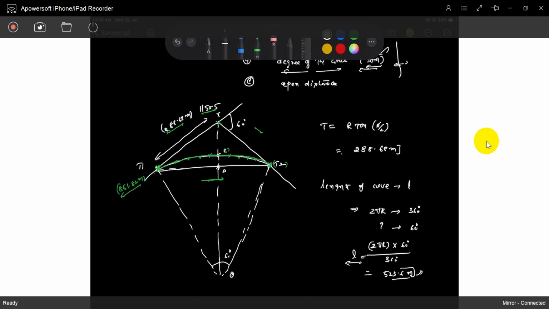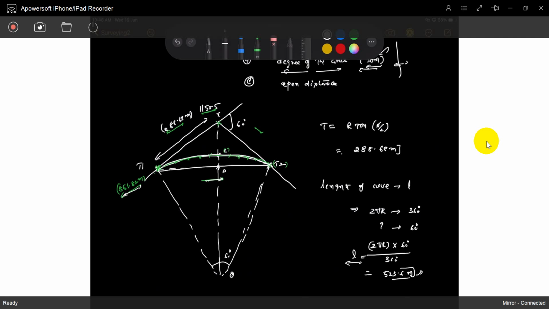So you can proceed in this direction. What is this chainage point? This is 861.82, so go in this direction. Curve length is 523.6 meters. So what is the chain point?